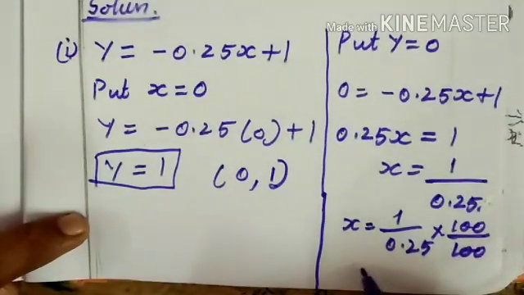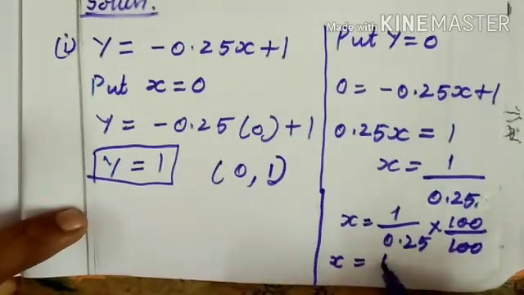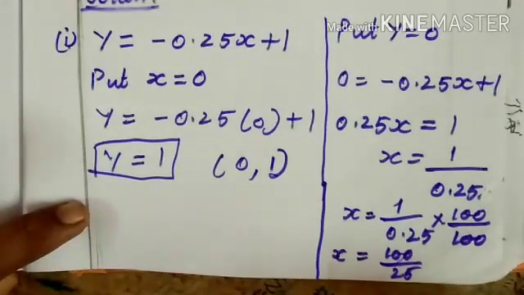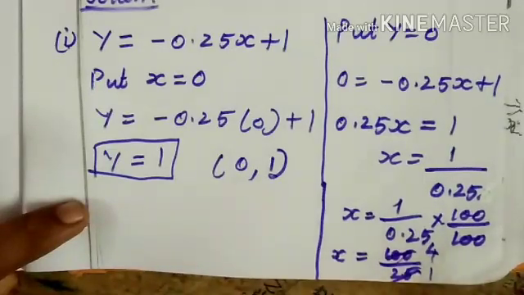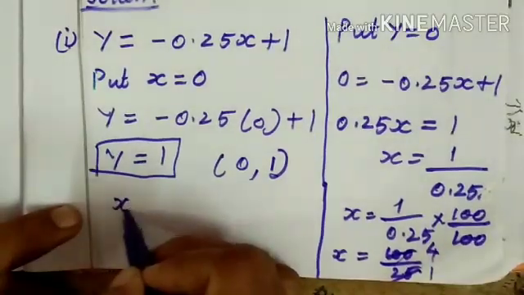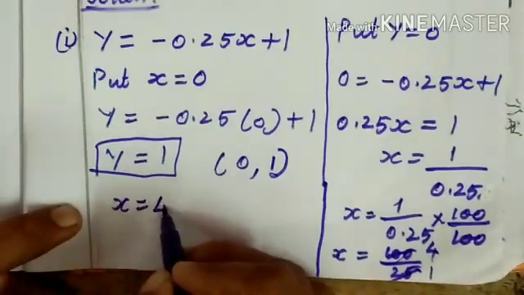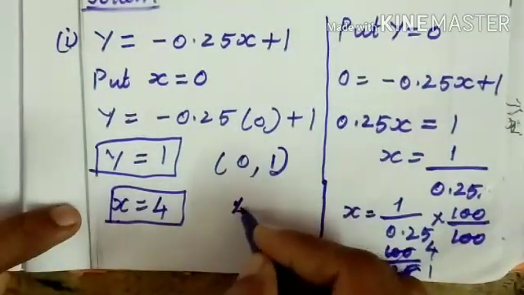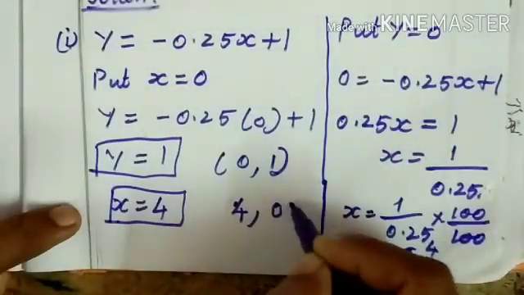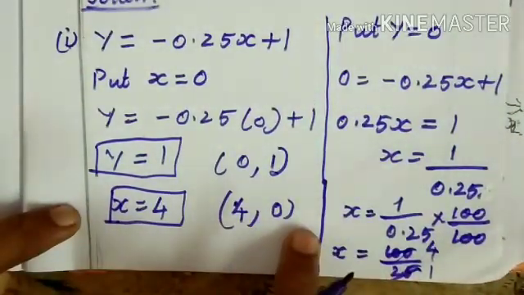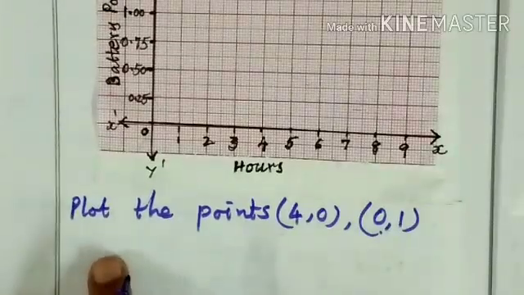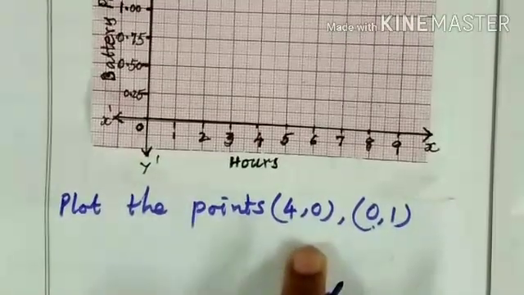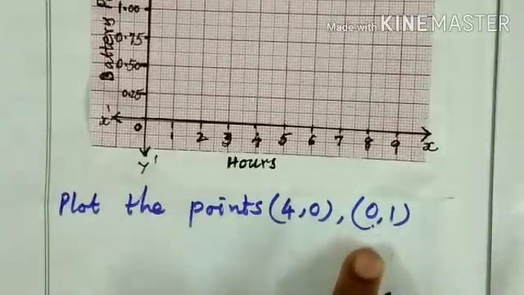Then we get x equal to 100 by 25. Cancelling this by 25: 1 25 is 25, 4 25s are 100. Therefore, x is equal to 4. Then the x point is 4 and y point is 0. Now you have to plot the points 4, 0 and 0, 1.